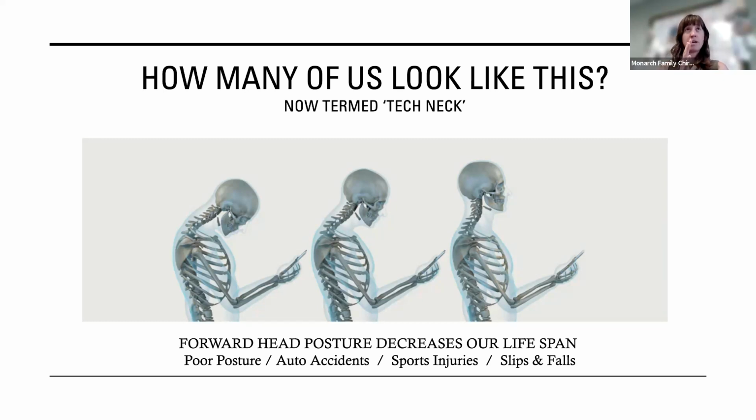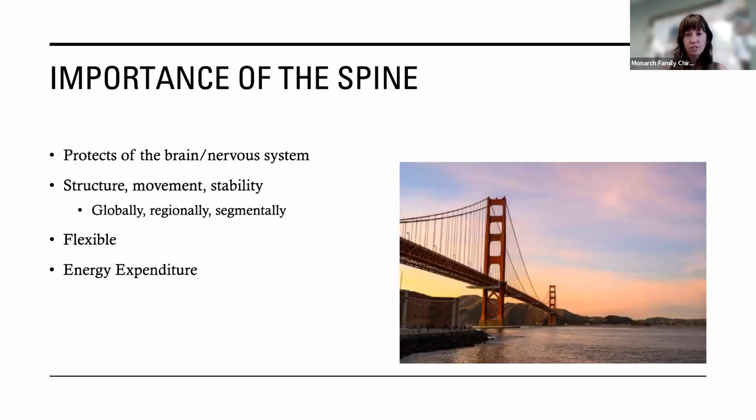If they were upright posture and they still have that roundedness, the word for it is a dowager's hump. It's not very pretty. But we used to just say that was for the older population as they aged. Well, guess what? We're seeing it in our younger population and seeing significantly large amounts of forward head posture. So I want you just to think about this picture of our spine as we go to the Golden Gate Bridge.